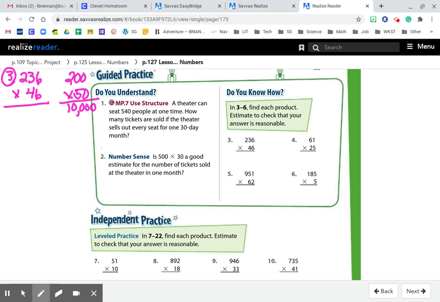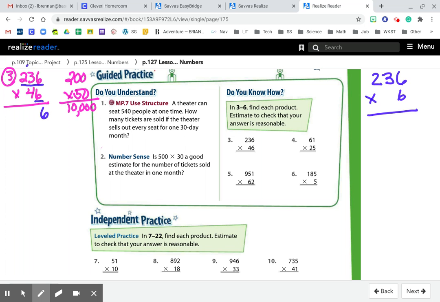So now when I go to actually solve my problem, don't get scared by this, because remember, don't get nervous because there's big numbers here. Remember what you're doing. You're going to be doing 236 times 6 first. So you're just doing it all in the same problem, but you did this in 4th grade, so don't be frightened. 6 times 6 is 36.